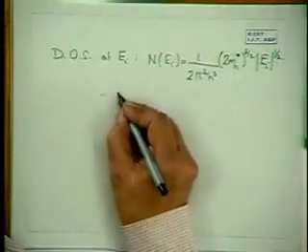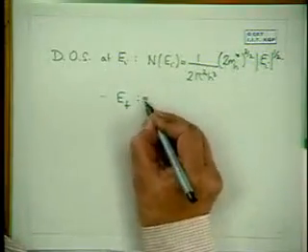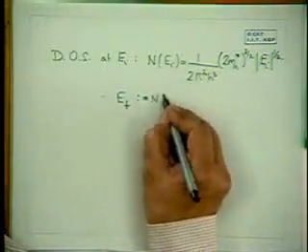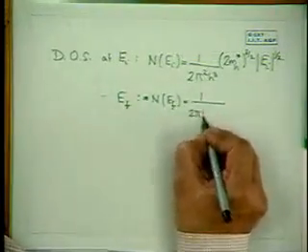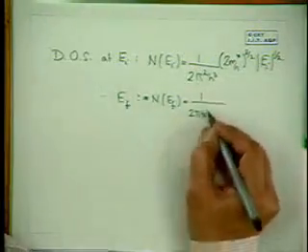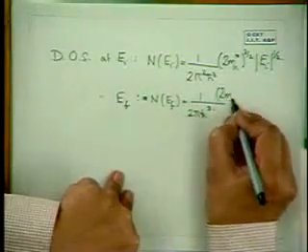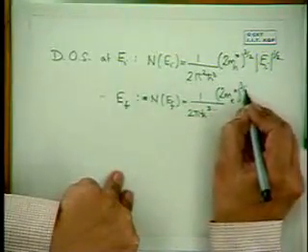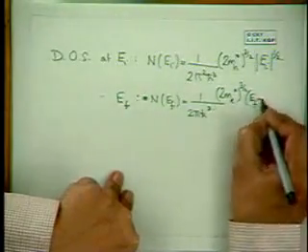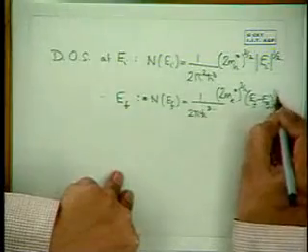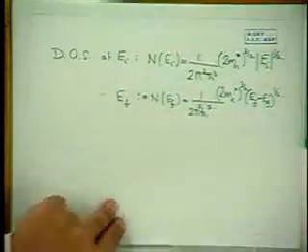And the density of states at EF, N(EF), is 1 by 2 pi squared h cubed, twice ME star to the power 3 by 2, and the energy is EF minus EG to the power half.